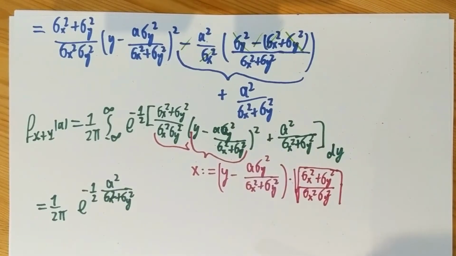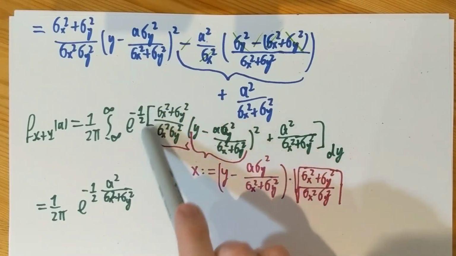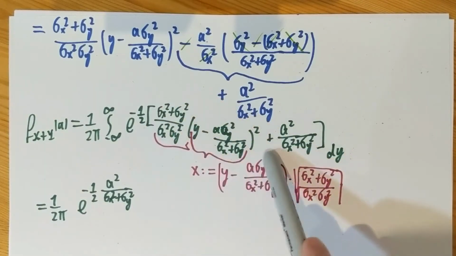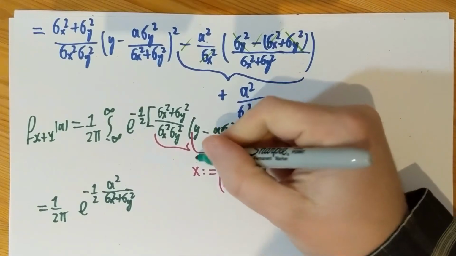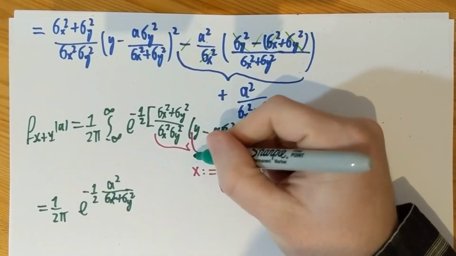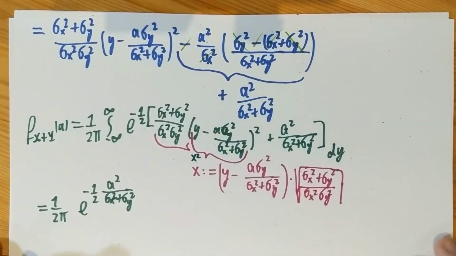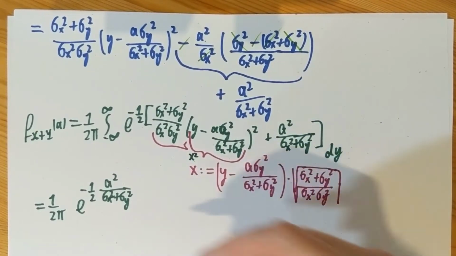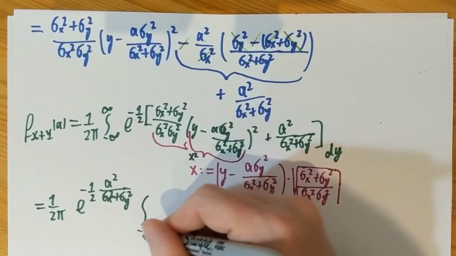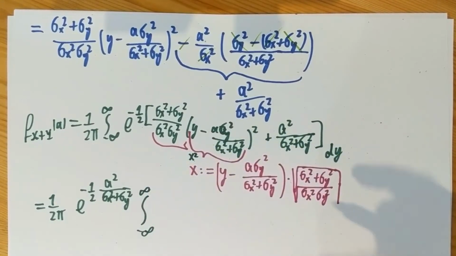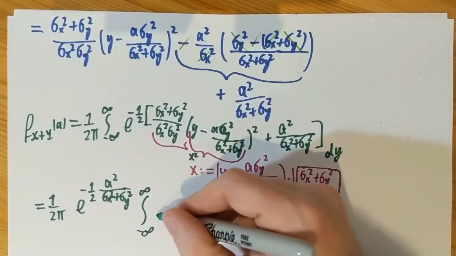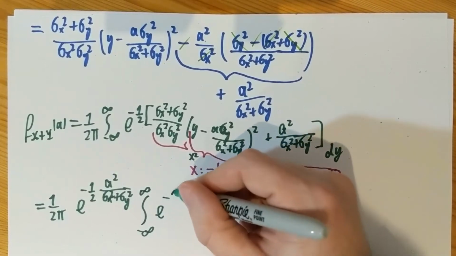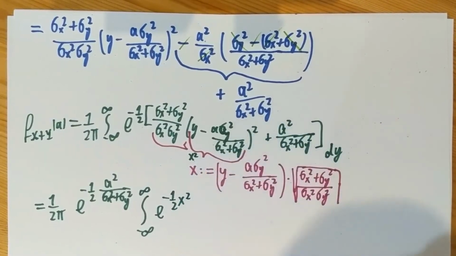Which means that if I take a square of all this x, that's exactly what I see here. So all of these two terms together give me an x square. So when I do my integration from minus infinity to infinity, the integral itself is becoming very simple, integral of minus 1/2 of x square with this substitution here.